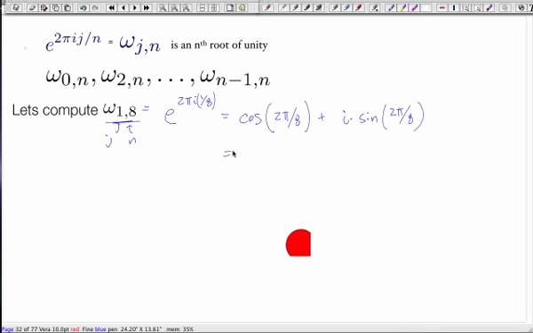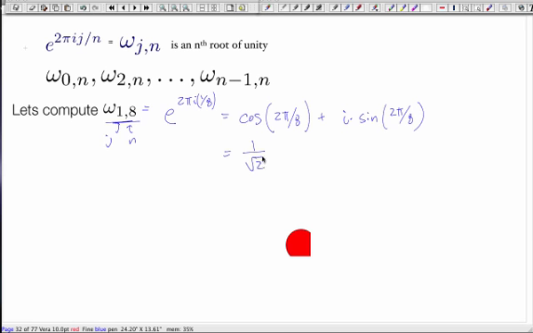And now, cosine of 2 pi over 8 is something that all of us are intimately familiar with. It's square root of 2 over 2, which I'm also going to write as 1 over square root of 2.